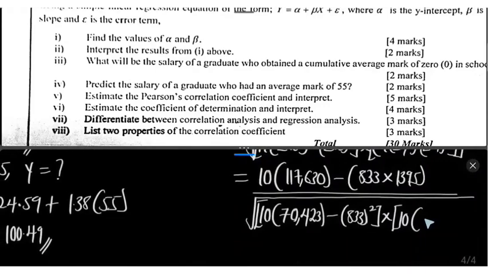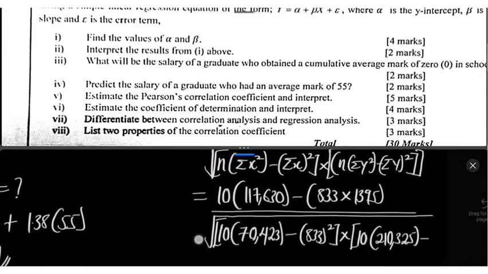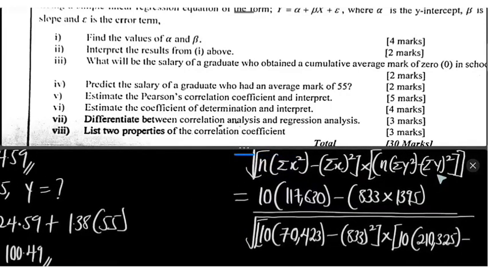So that's going to be substituted here as 210,325, minus. So we also have here summation y all whole squared. So that's going to give us 1395 squared, 1395 squared in that particular case.